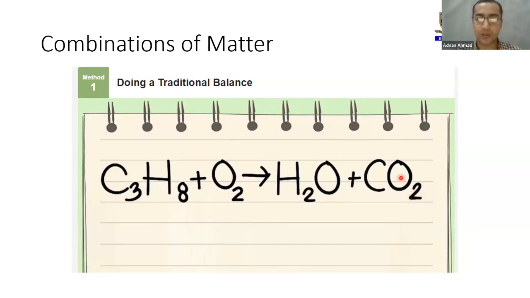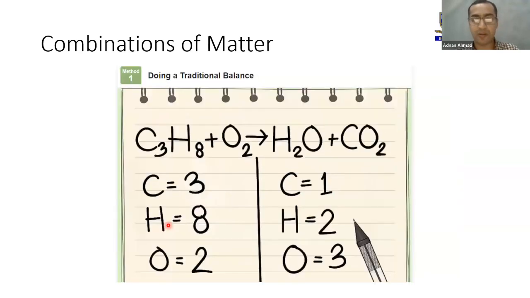This is 2, so these are 2 oxygens, and this is 1 oxygen. So 2 plus 1, we have 3 oxygens, and we have 1 carbon. So we can write it like this. How many carbons do we have? 3. How many hydrogens do we have? 8. And how many oxygens do we have? On the left-hand side, we have 2.